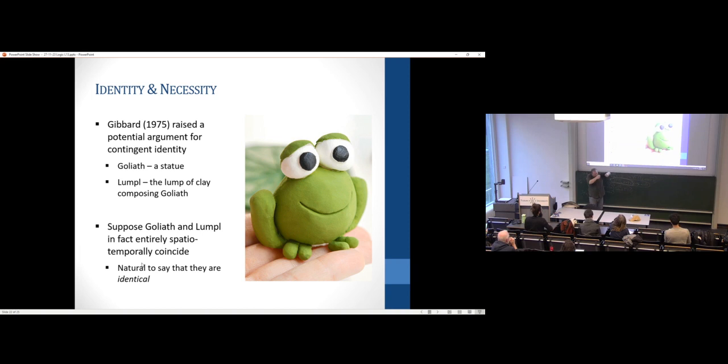And they very deftly move their little wire through the block of clay in such a way that Lumpel is extracted from the larger bit. Lumpel comes into existence in the exact shape of Goliath. So Lumpel exists at every point in time that Goliath exists. And vice versa.